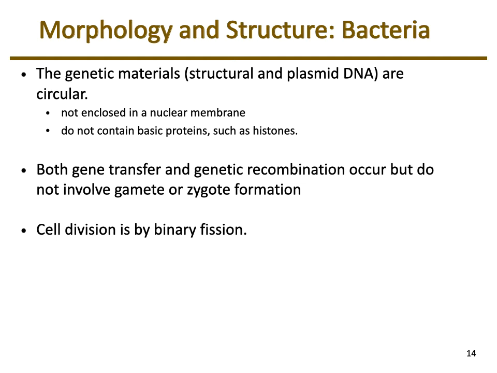Sometimes those plasmids have genes that code for things that would allow bacteria to survive, like antibiotic resistance or toxin production. For cell division, it's done by binary fission, kind of like mitosis, where you copy the genetic information, you have pinching in of the cell membrane and cell wall, and then the generation of two daughter cells.